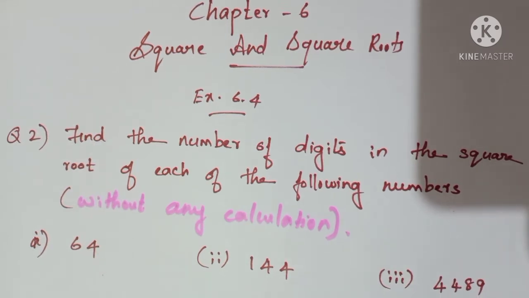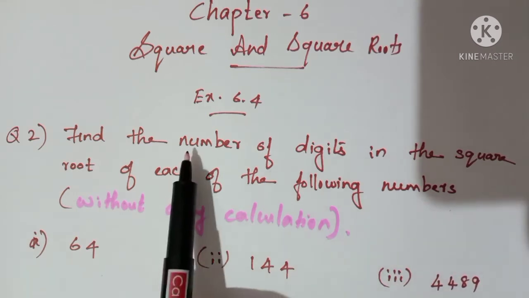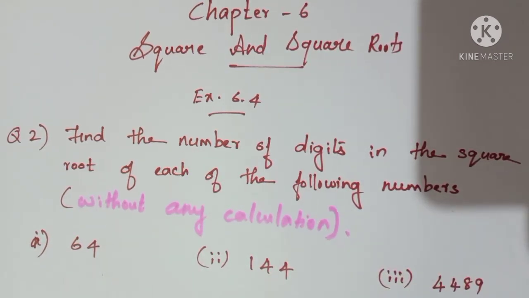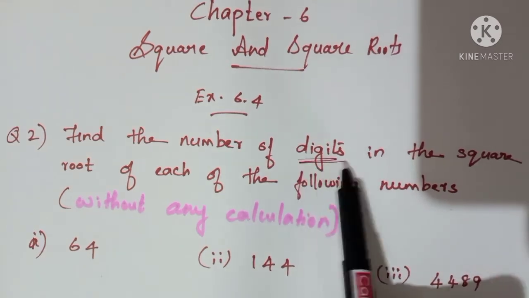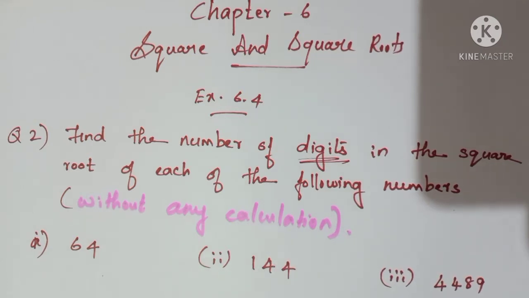You want to find the number of digits in the square root. For 64 we want to find the square root, so you will be getting one value, right? How many digits are there in that value, that you have to find out without any calculation.